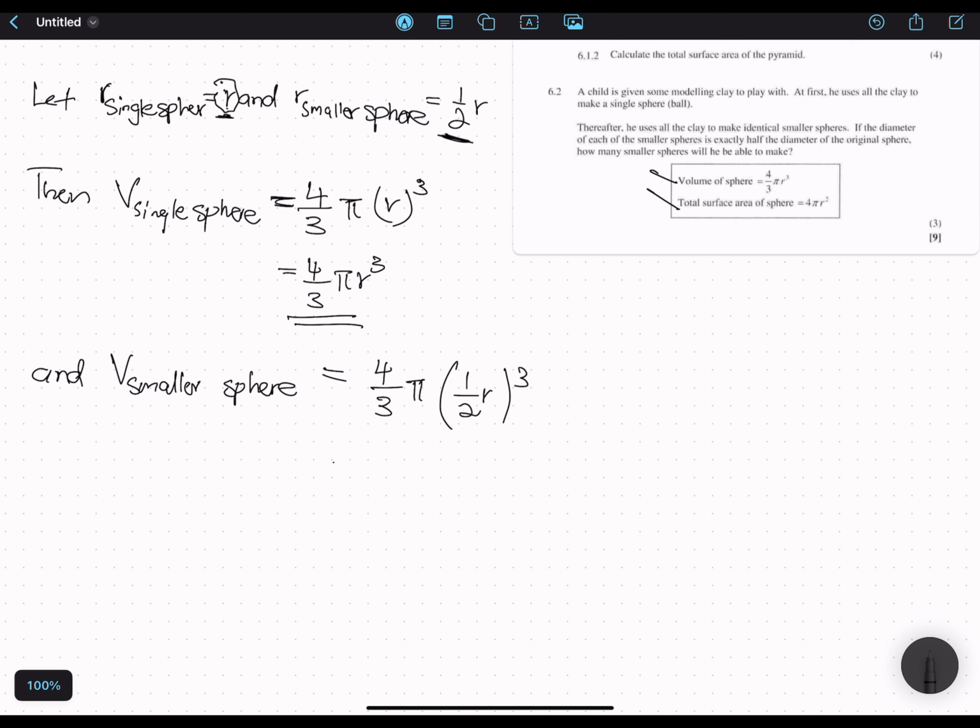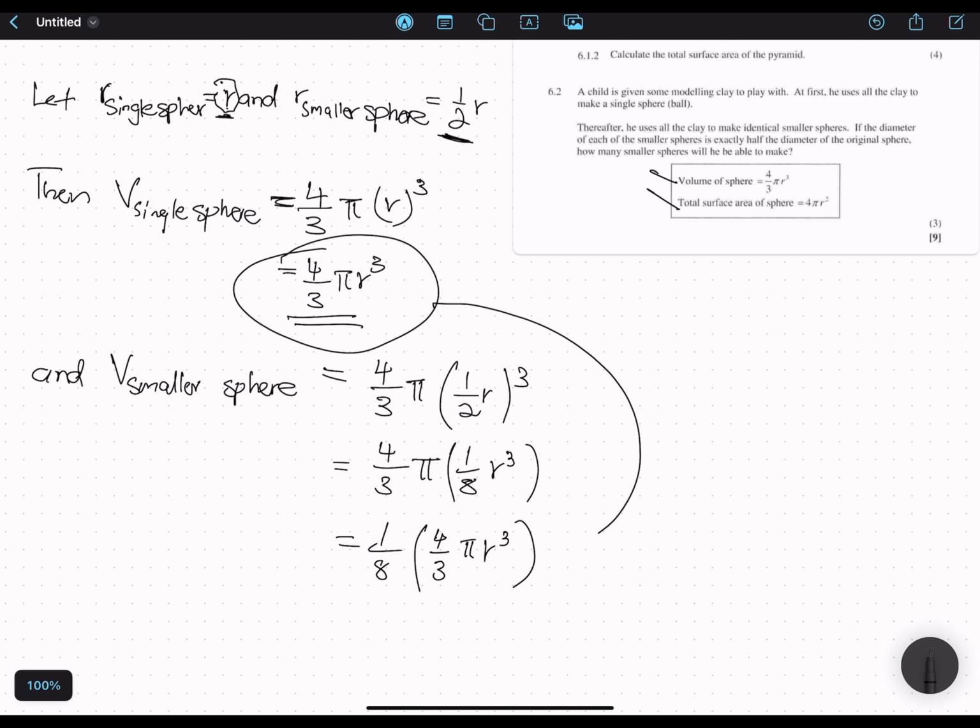Then solving and simplifying this, obviously we're going to have 4/3 into 1/8 r cubed, right? Then simplify this, obviously you can have 1/8 into 4/3 pi r cubed. So the reason I put it like this is because, as you can see, we have this, which is the same as this, right?